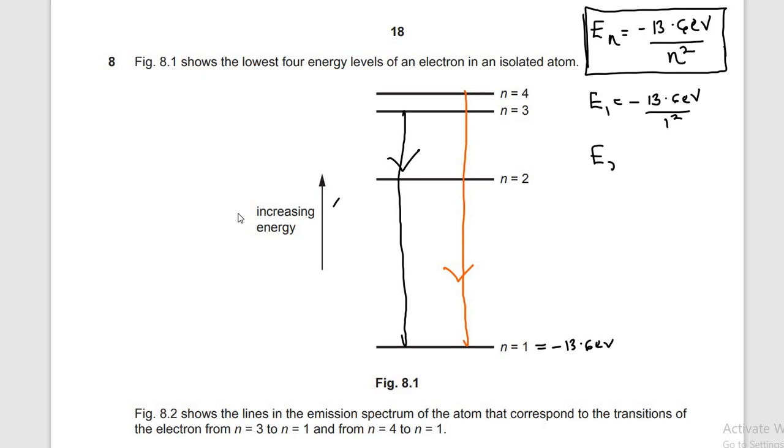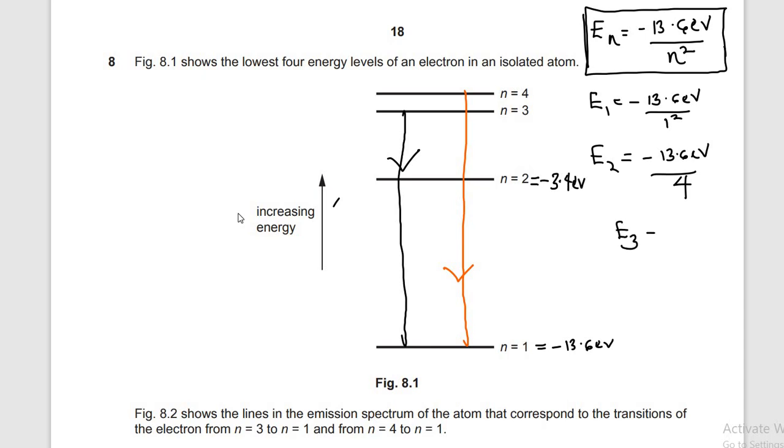E2, when n is 2, is divided by 4. 13.6 divided by 4 is 3.4. This gives us minus 3.4 eV.